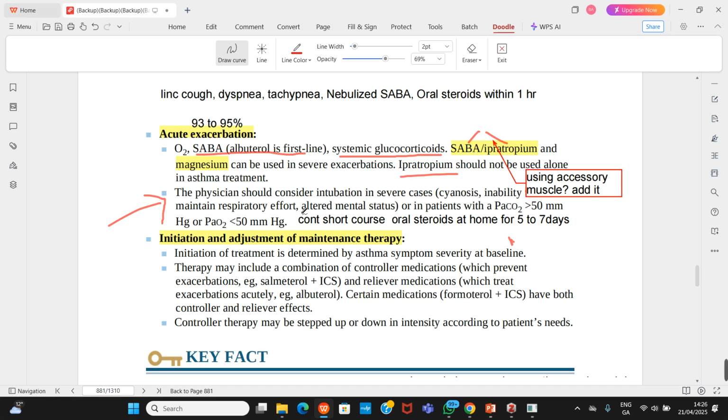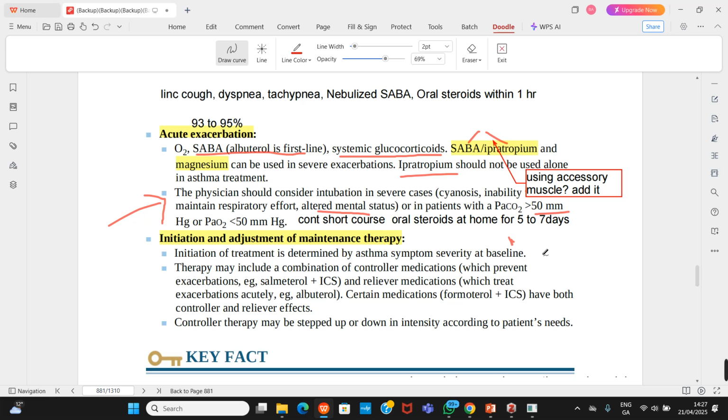So somebody is coming in with difficulty in breathing, chest tightness, cough, and we do the PCO2, it is more than 50. Or this person is having altered sensorium, confusion, cyanosis, the chest is silent, decreased breath sound. We know that there's a problem. So in that kind of person, you want to provide respiratory support immediately. You want to intubate.